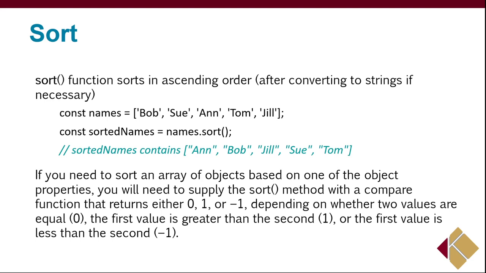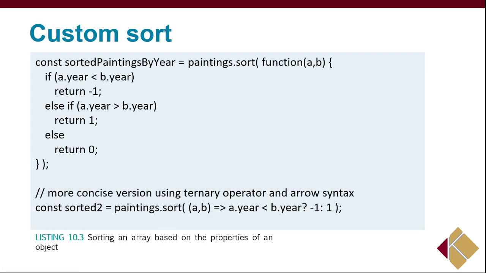If the first is greater than the second, then set it to a value of 1. And if the first value is less than the second, set it to a value of -1. And then you can sort it, because then it's just sorting those values, versus sorting the array objects themselves, because it's set by default to sort the array objects, not the array object properties.